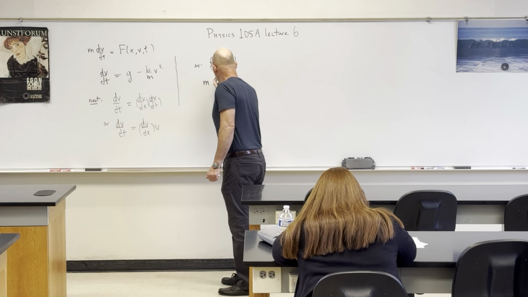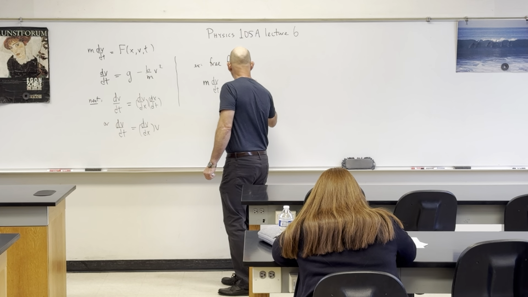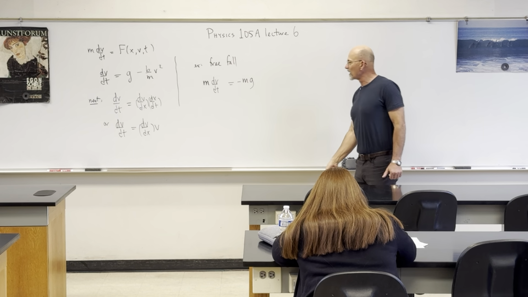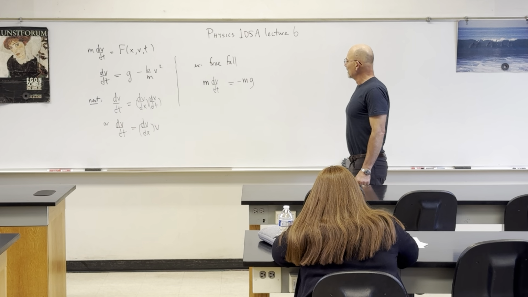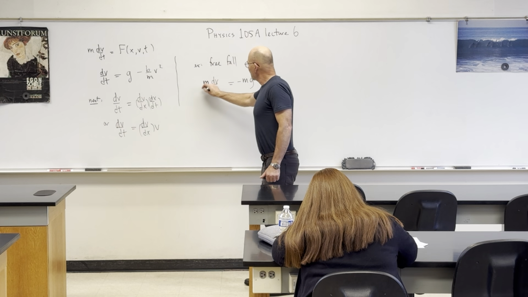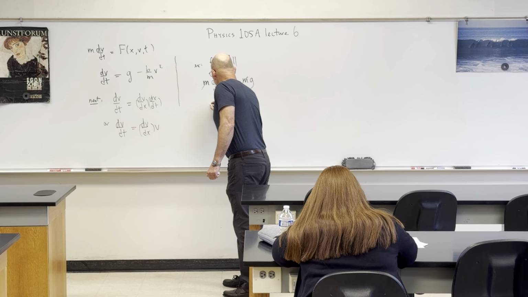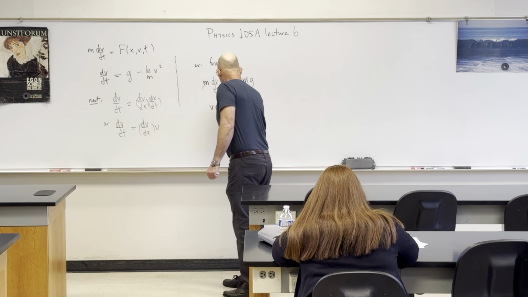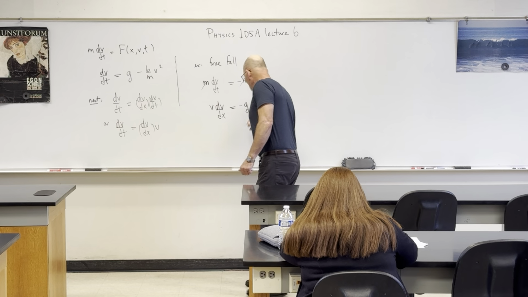So we would have said m dv/dt is equal to minus mg. So this time I'm putting the positive direction up again, okay, for whatever it's worth. Masses cancel for both sides, and we have v dv/dx is equal to minus g.